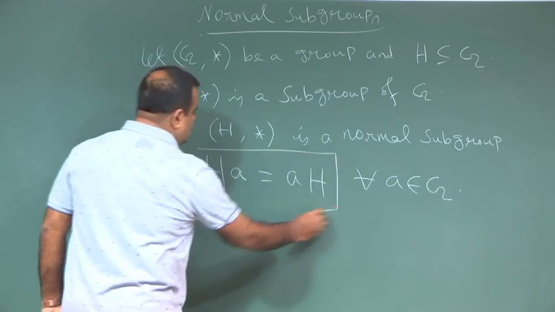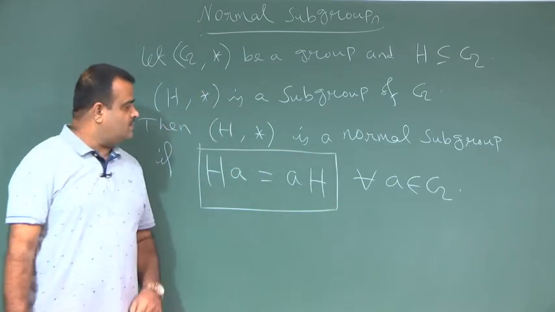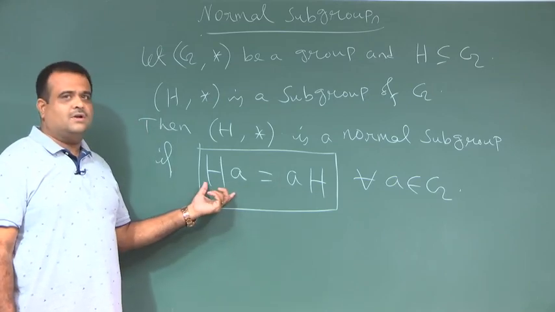Here H a is the right coset and a H is the left coset.